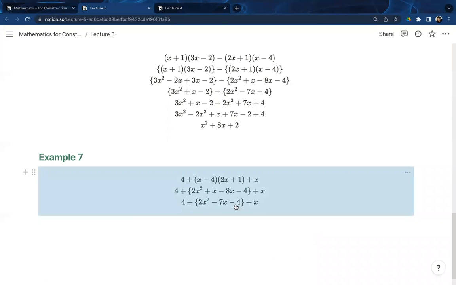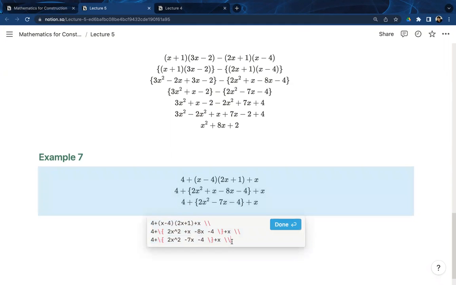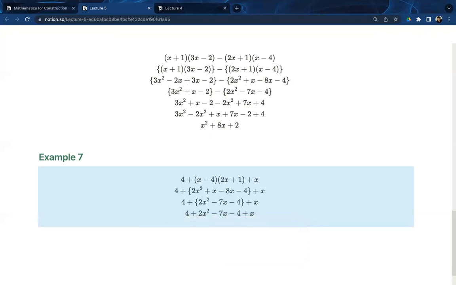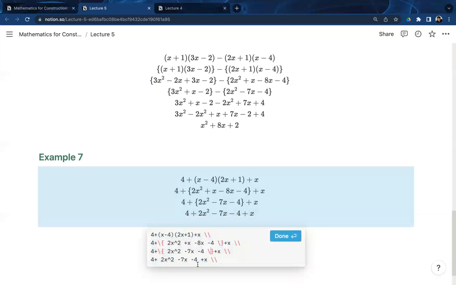And now we have removed the curly brackets. Now there's a plus sign in front of it, so you could safely remove that curly bracket. You don't need to worry too much about the signs because there's a plus sign in front of the curly bracket. If it was a minus sign in front of it, you would have multiplied each of these three terms by -1.